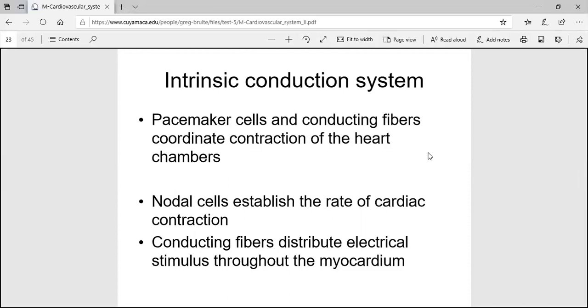We'll talk about that one in just a second. So these nodal cells establish the rate of cardiac contraction. They're not technically contractile cells. They just depolarize and repolarize, depolarize and repolarize. And that sends the signal throughout your myocardium when that depolarization happens.